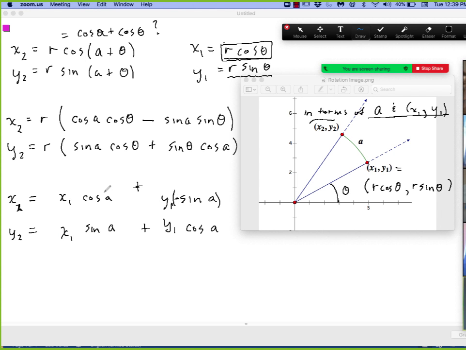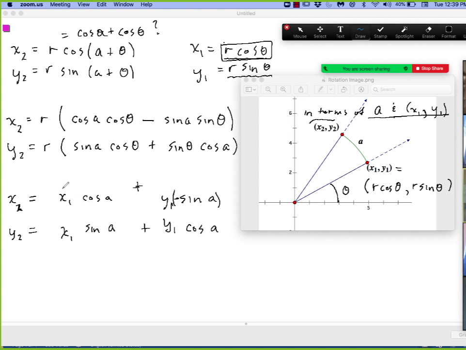This pair of products and sums. Anyone remember anything from your algebra past? Matrix? Is it called the rotation matrix?